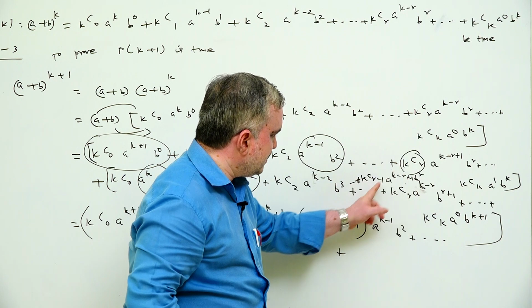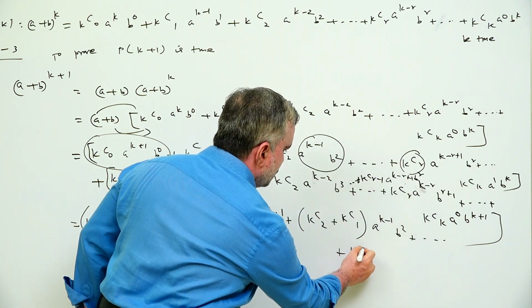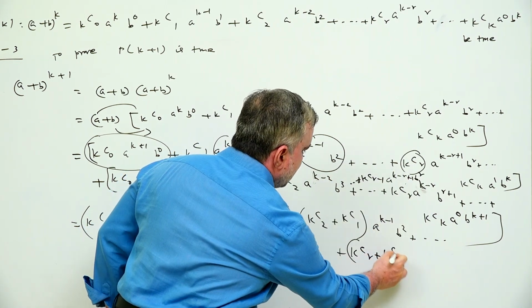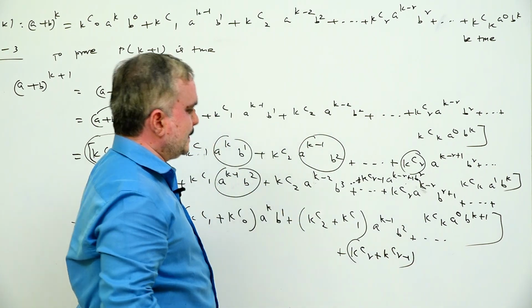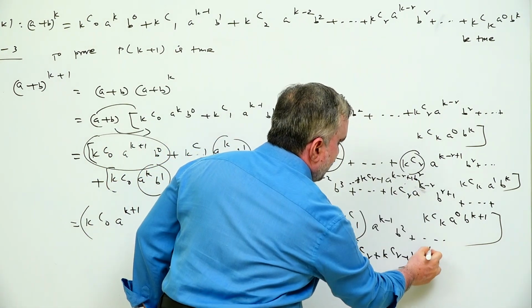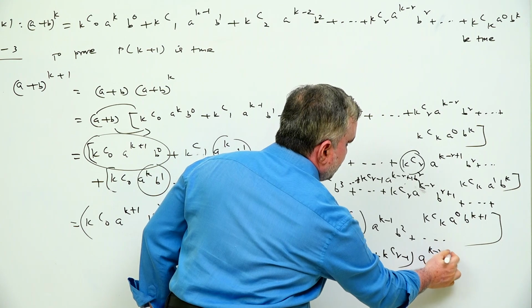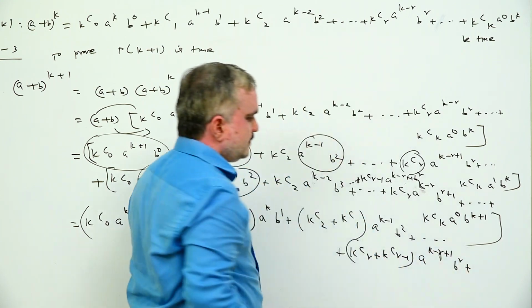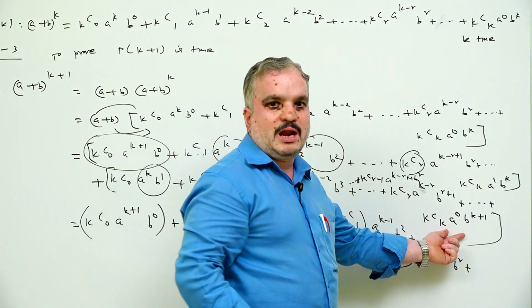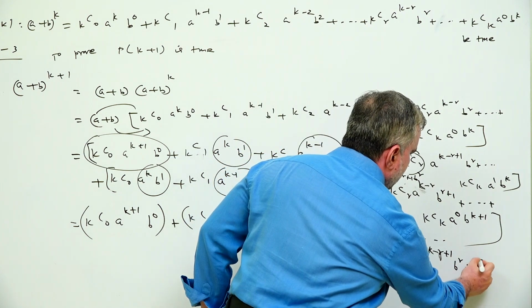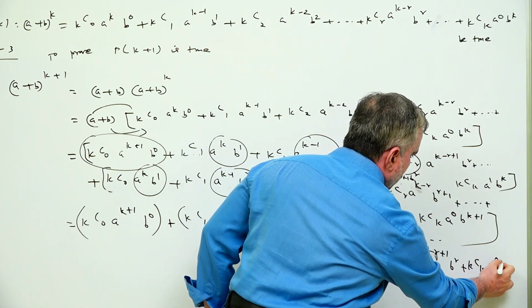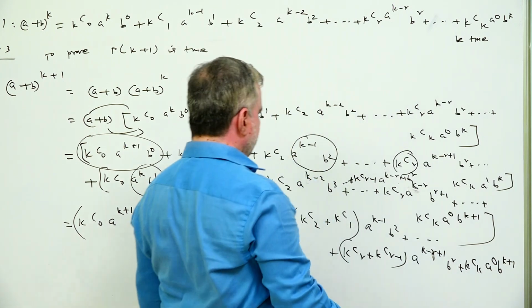So we can add kcr plus kcr minus 1 into a power k minus r plus 1 b power r. Finally we have the last term, kck a power 0 b power k plus 1.